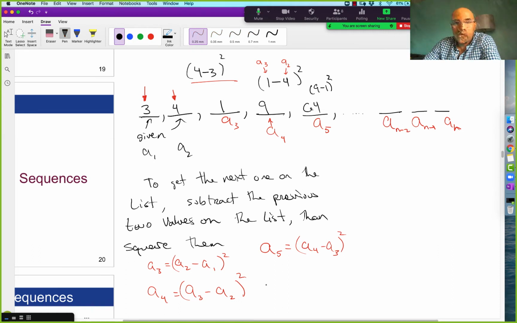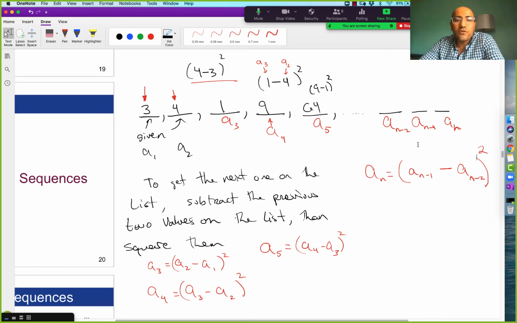And sticking to this formula, the a sub nth value will be found by taking the a sub n minus 1 value, minus the a sub n minus 2 value, and then squaring the whole thing. Any questions about any of this?